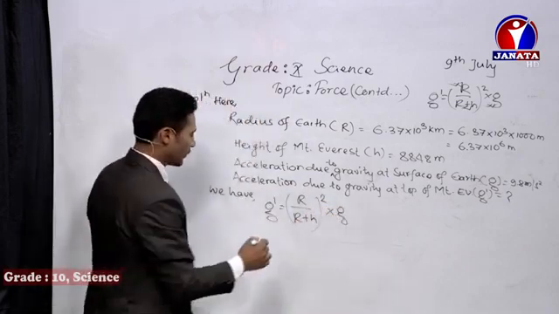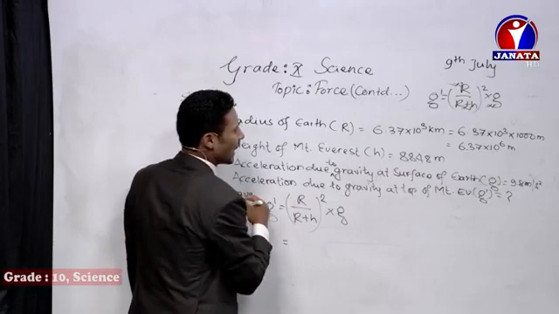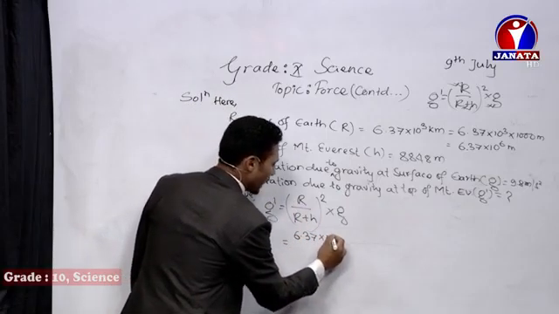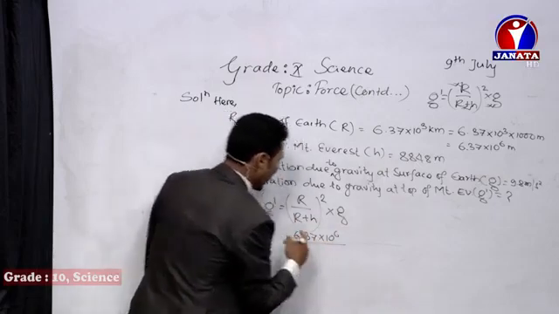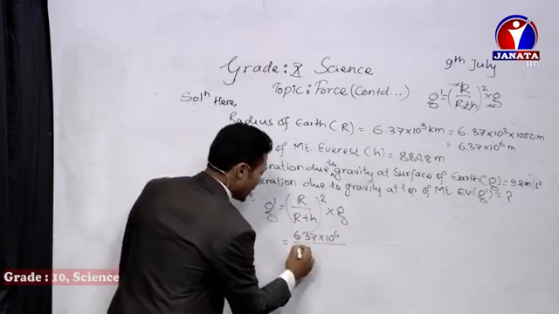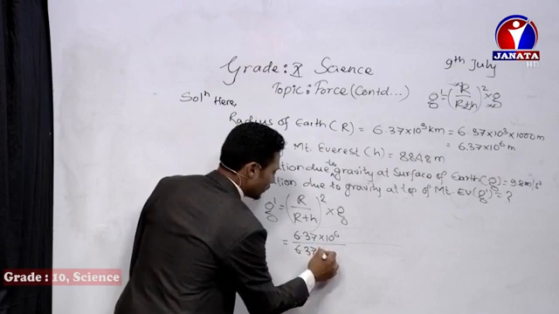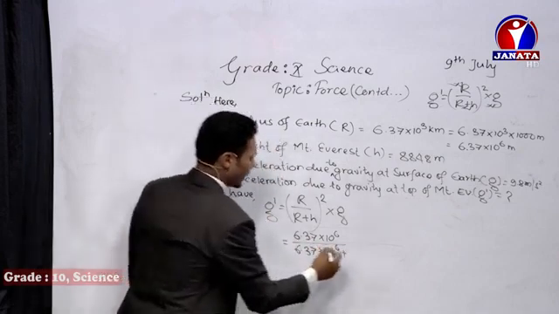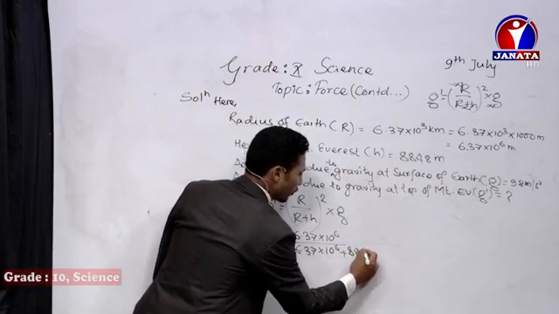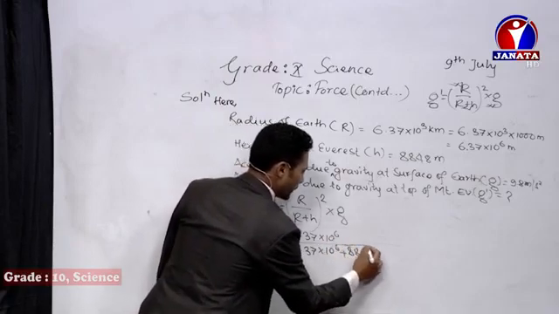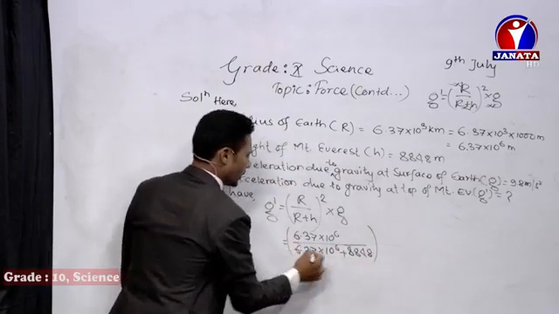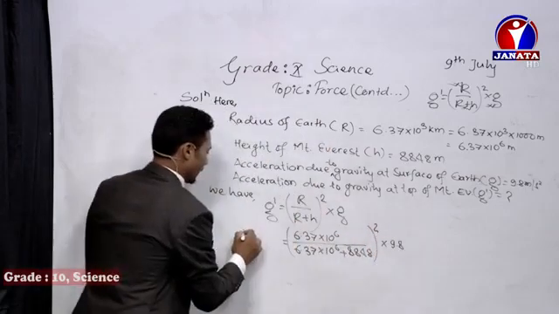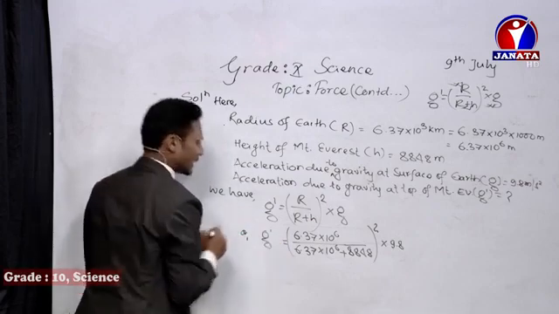Let's put the values here: R, the radius, is given there, 6.37 into 10 to the power 6, divided by R again, 6.37 into 10 to the power 6, plus the height, 8848 meter. So this to the whole square into 9.8. This is the value for g dash.